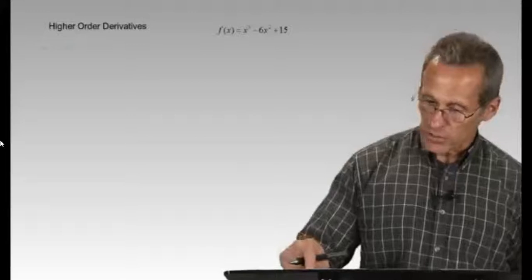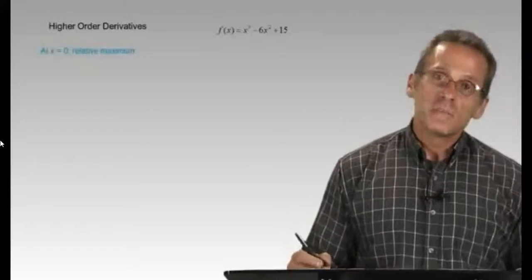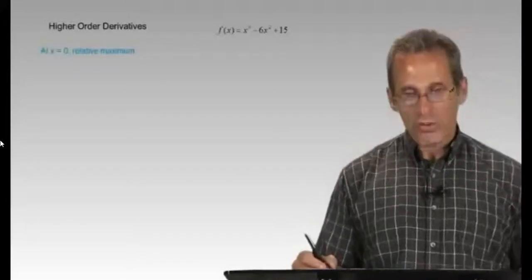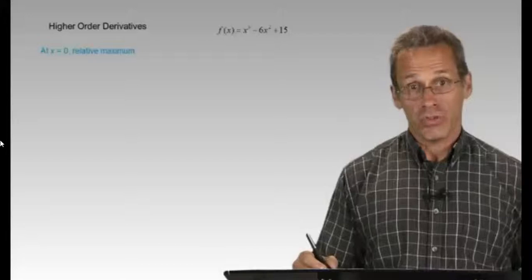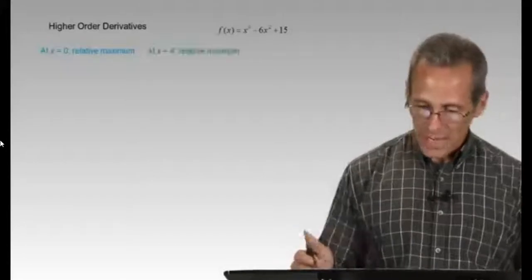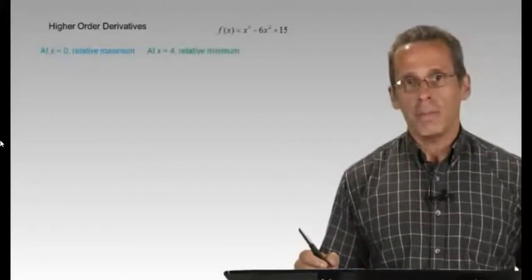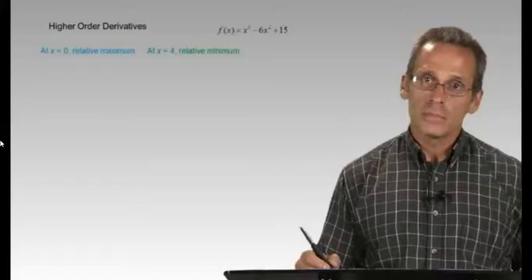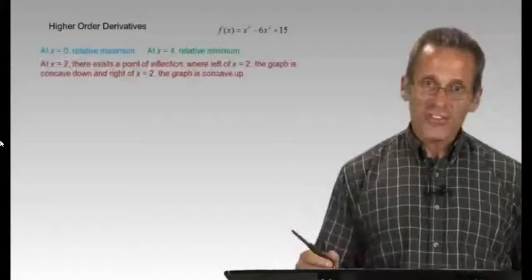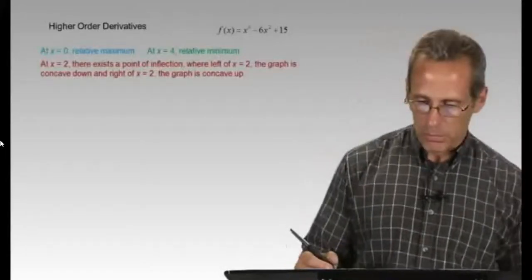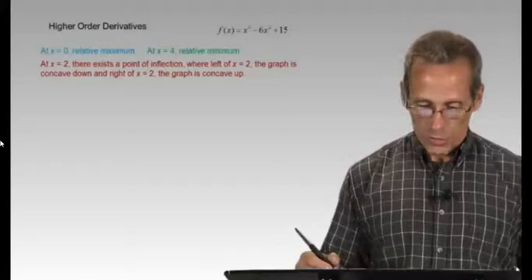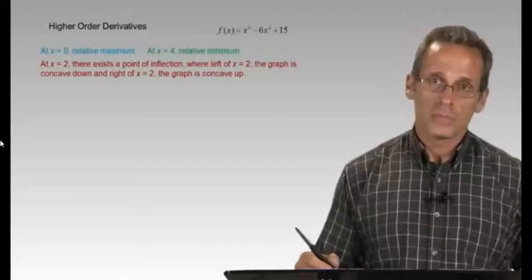Let's reminisce. Let's look at this function. What have we found out? Well, we have found out that at x equals 0, there is a relative maximum. Picture it in your mind. At x equals 4, there is a relative minimum. Picture it in your mind. And at x equals 2, there exists an inflection point where left of 2, the graph is concave down.